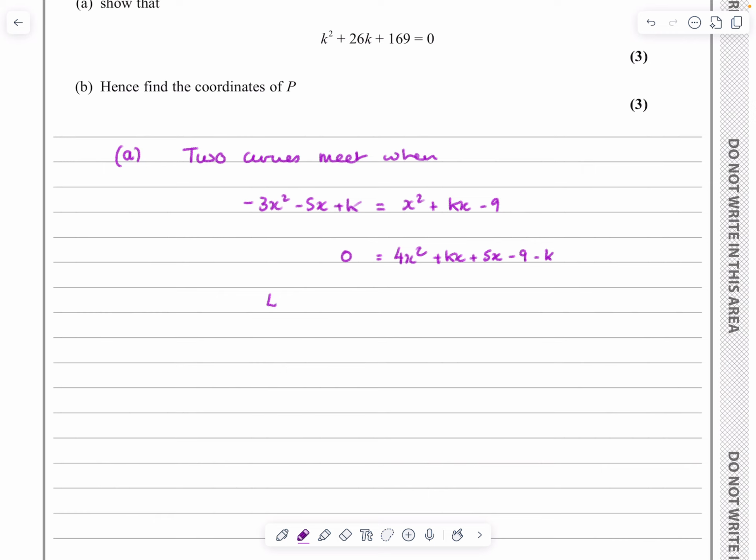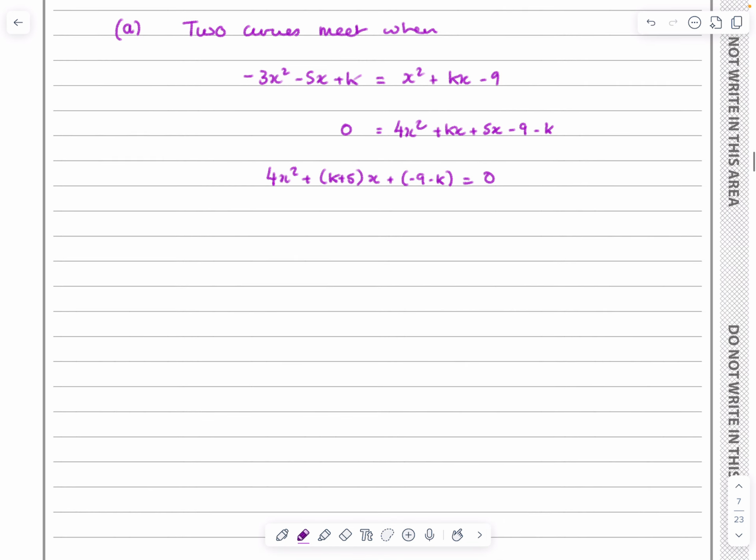Just tidying that up then is going to be 4x squared plus, I'm going to call that, k plus 5 lots of x, and plus minus 9 minus k for my c is equal to 0. So if it tells me they only meet at one point, they only meet at one point P, what that means is for the quadratic equation, b squared minus 4ac must be equal to 0.